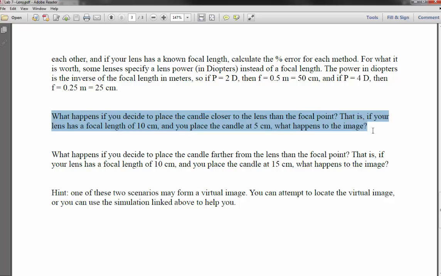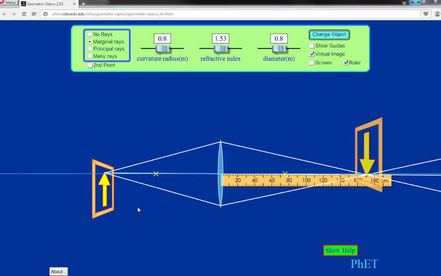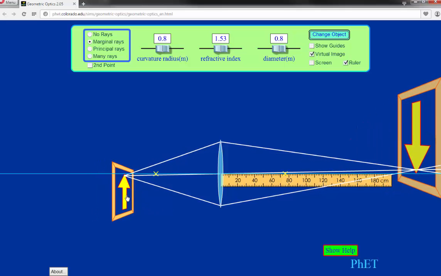There is an additional question here which you should try at home, but which I'm also going to show on this simulation because you can see that something actually does happen. What happens if you place the thing that you're imaging closer to the lens than the focal point? So here's the focal point, here's the thing I'm imaging.